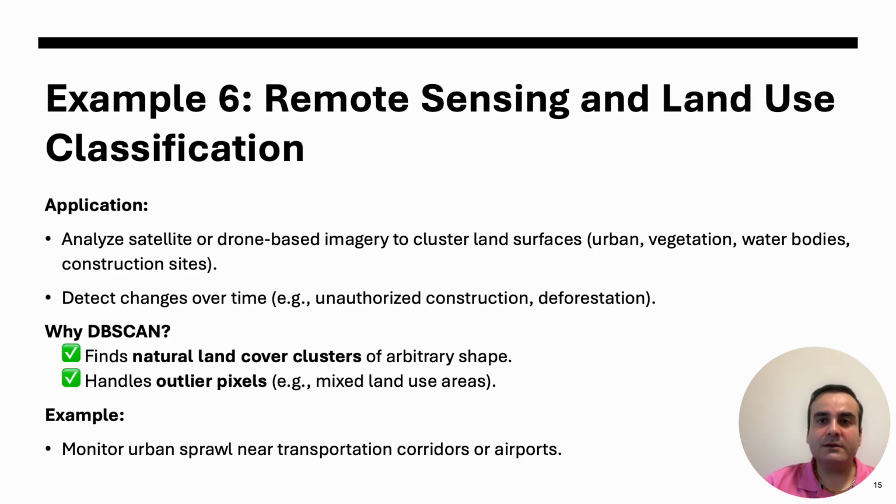DBSCAN helps because it can find natural land cover clusters of arbitrary shape and it handles mixed or transition pixels as noise. The example on this slide is monitoring urban sprawl near transportation corridors or airports.